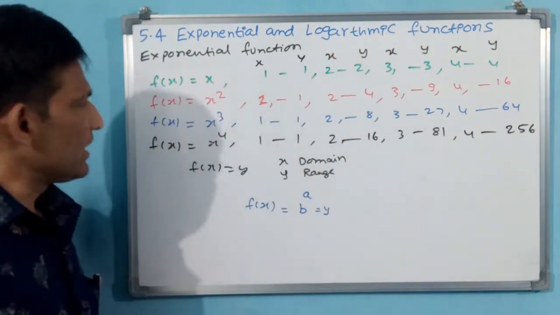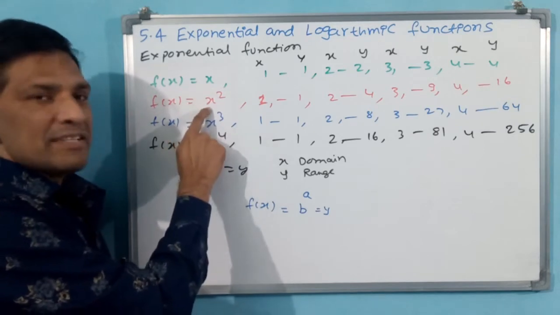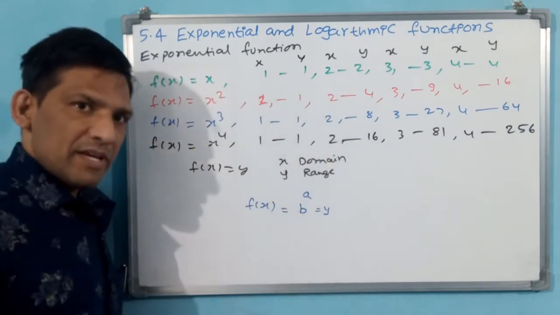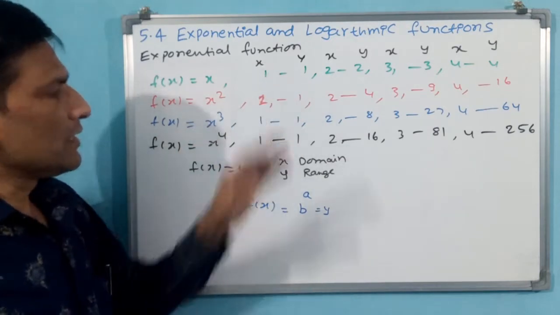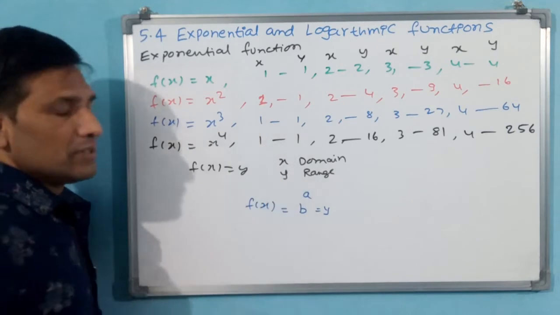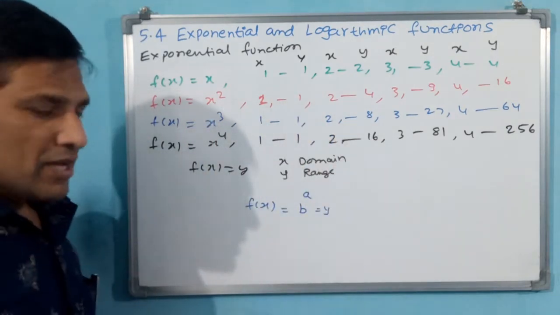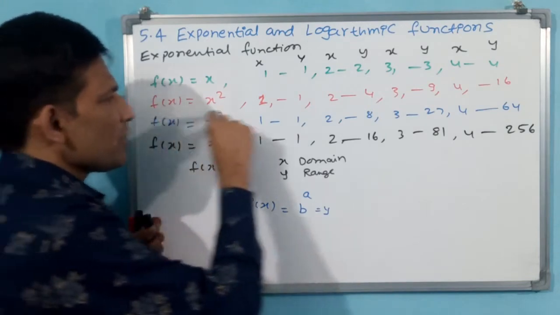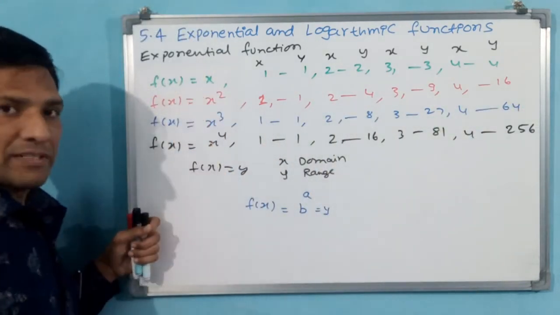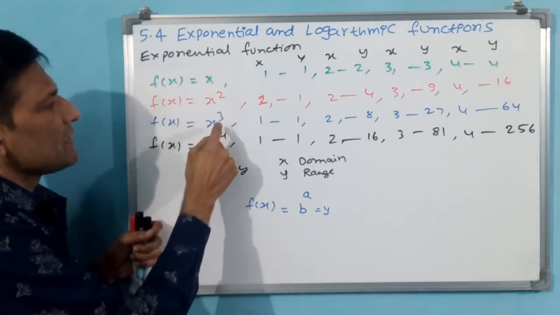In the second case, x square, base is x, I have changed the base, and power is kept the same. In the third case, x cube, I have changed the base. When you see one individual function, I have changed only base. But across different functions, I have changed power also: power 1, power 2, power 3, power 4.